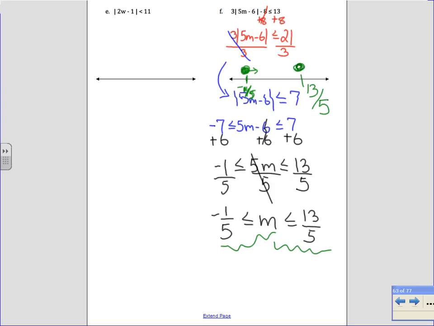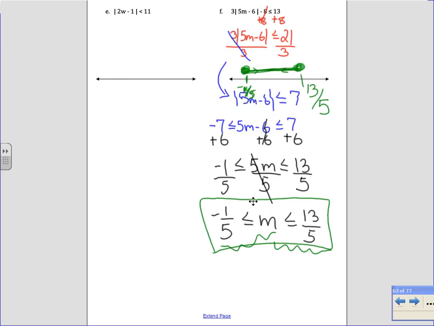Filled in circle for less than or equal to because it can be that number. It goes this way because it's less than or equal to. They connect in the middle because we know it's an and compound inequality. So that was our ultimate answer, the one I just put a box around.